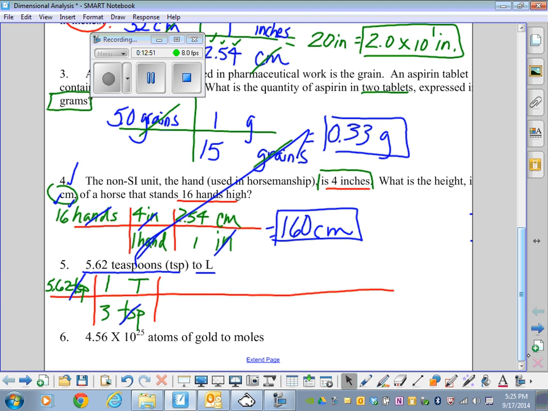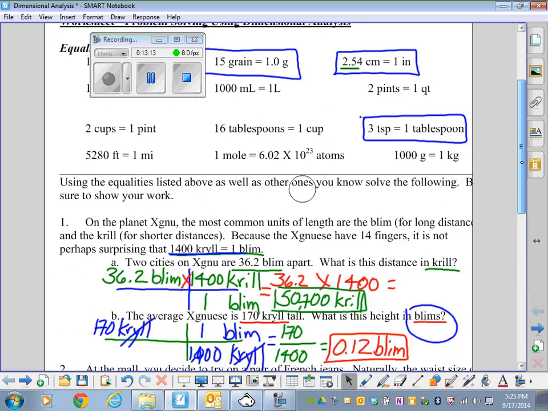Now you'll notice that our teaspoons cancel. We're left in tablespoons, which we don't want. We want to get out of those tablespoons, and we will do that by setting up another relationship or equality statement. I'm going to bring tablespoon down, and this time I'm going to convert to cups.